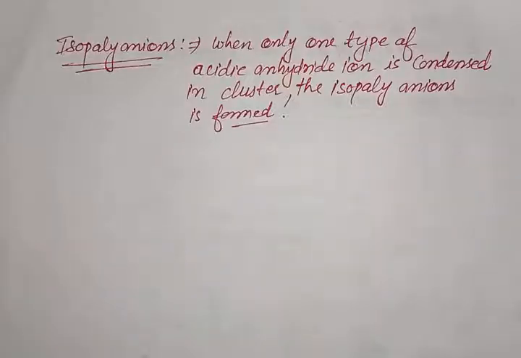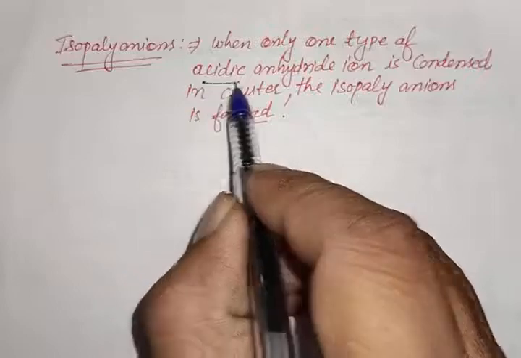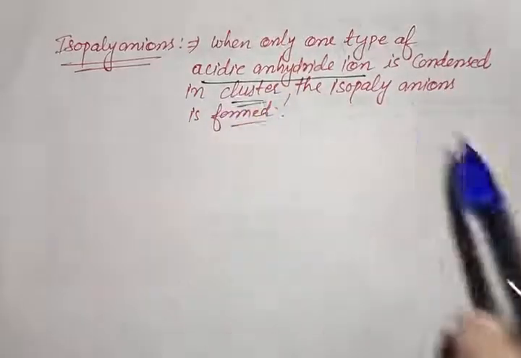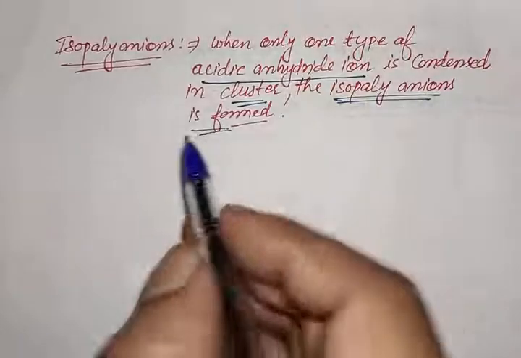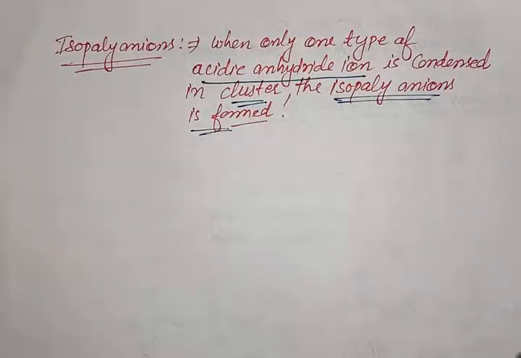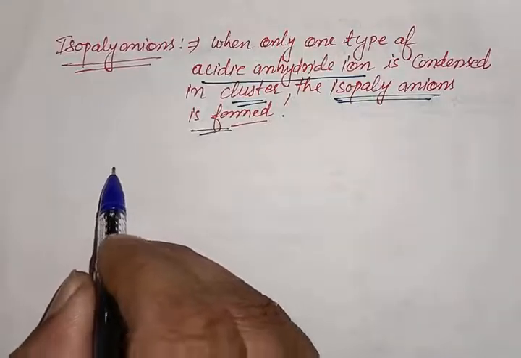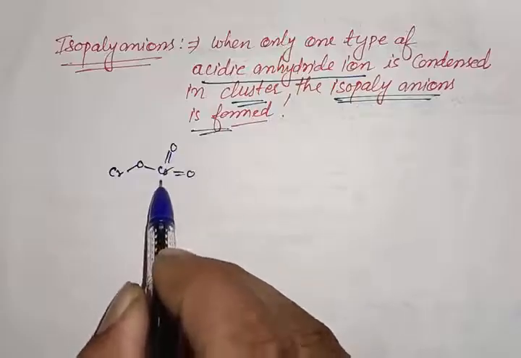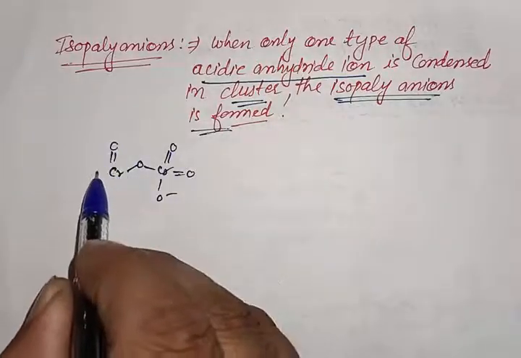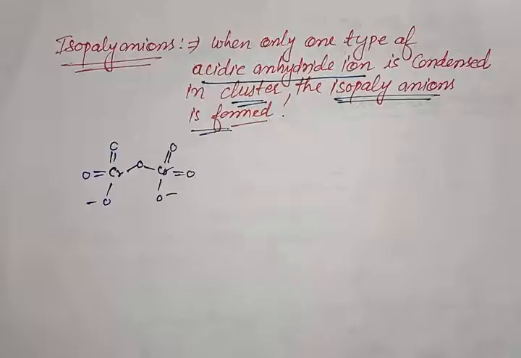When only one type of acidic anhydride ion is condensed in the cluster, it forms isopoly anions. In our first case, we have seen 3 types of anhydride ions. Cr, double bond O, O negative, double bond O and O negative is the chromic acid anhydride.